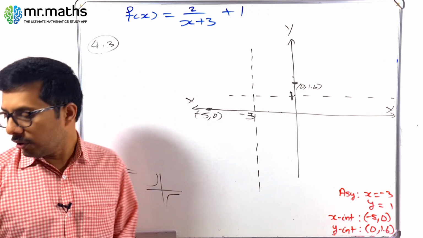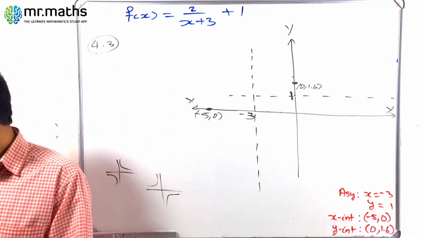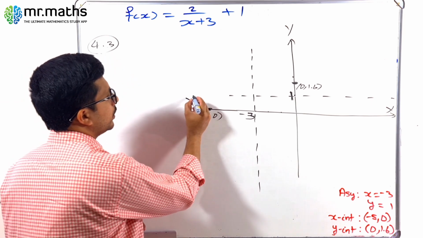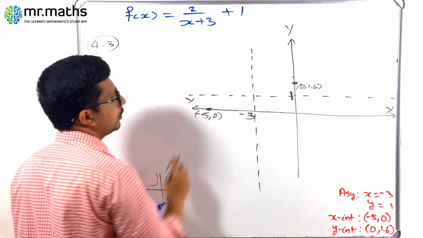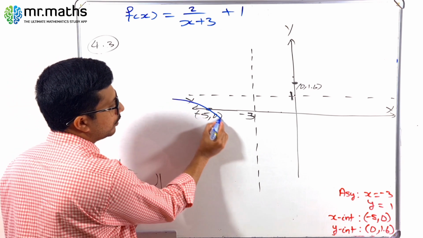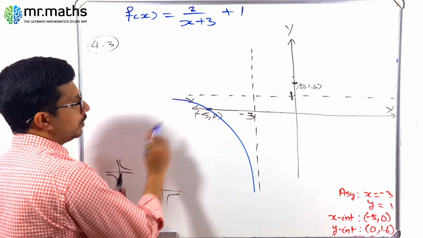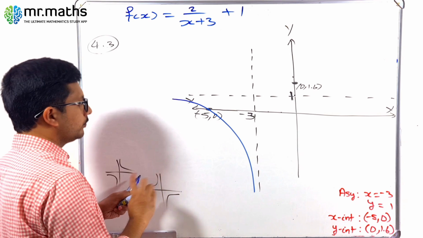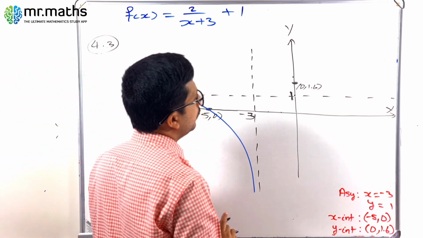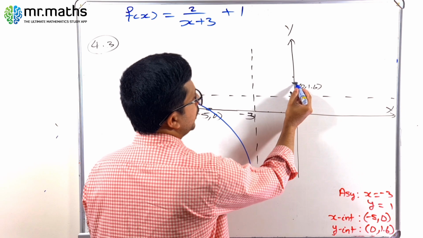Now you have to draw that graph. Let me extend this asymptote here. Now you have to draw based on the asymptotes. This is the asymptote, this is the asymptote, and here is the y-intercept.